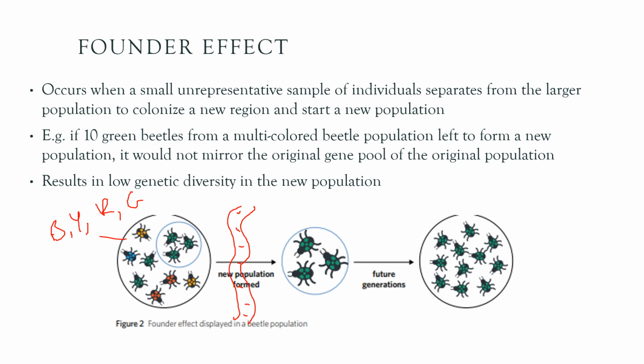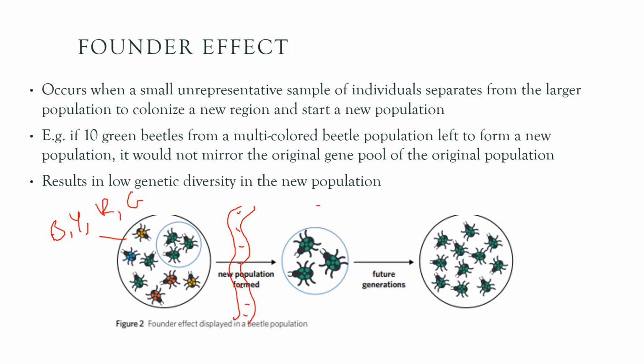This means that the original population stays on one side of the river and the other population has been separated and has now gone to colonize this new area. So if we had all green beetles, for instance, just by chance, because remember these are completely random, let's say all the green beetles happen to be on this side of the river, and therefore the new population no longer mirrors the gene pool of the original population.